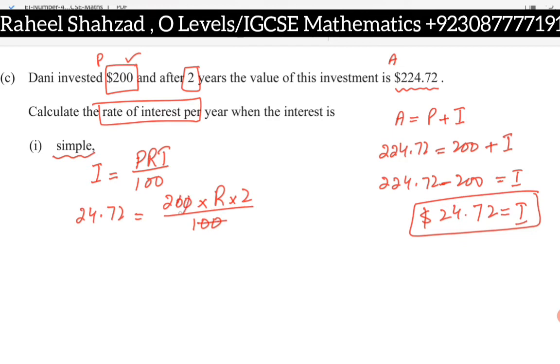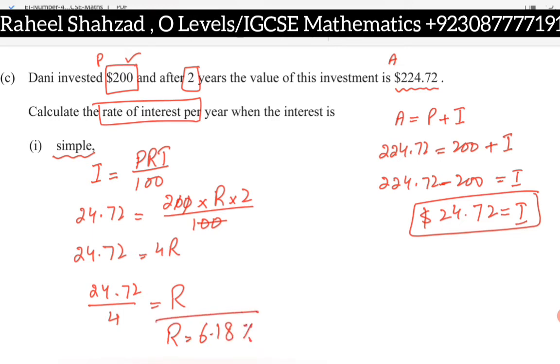So you can cancel these zeros, that is equal to 4R, 24.72. So 24.72 divided by 4 will give you the value of the interest rate. So 24.72 divided by 4 will be 6.18. So the interest rate in this question is 6.18%. I hope you got it. Okay.